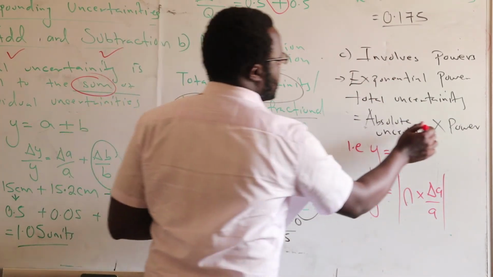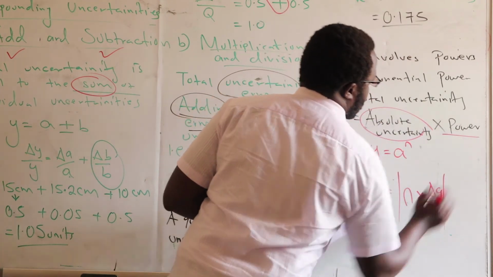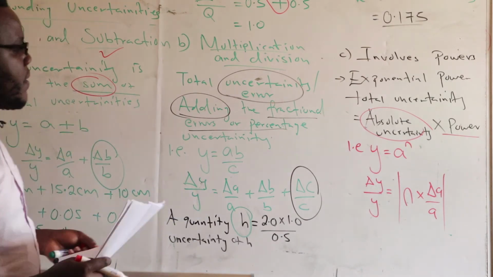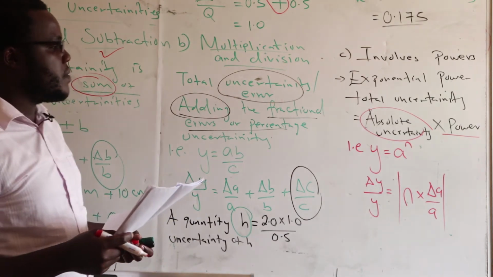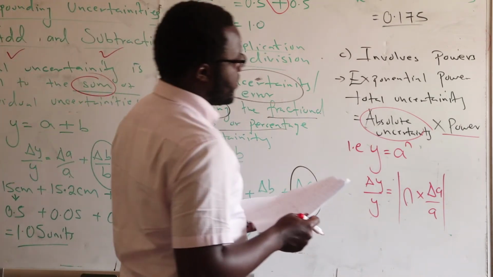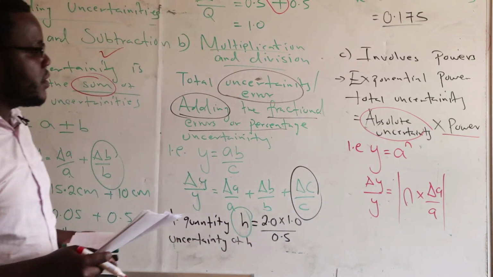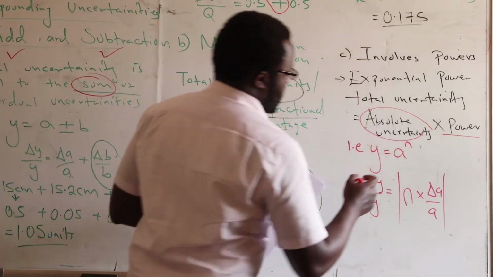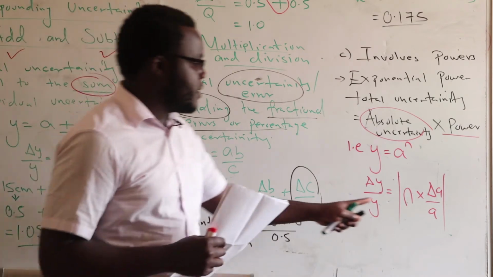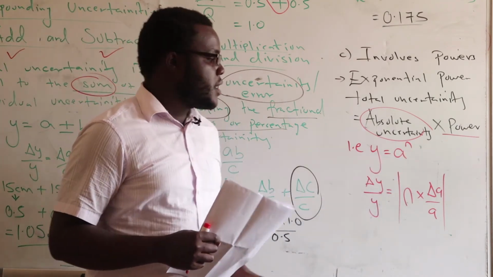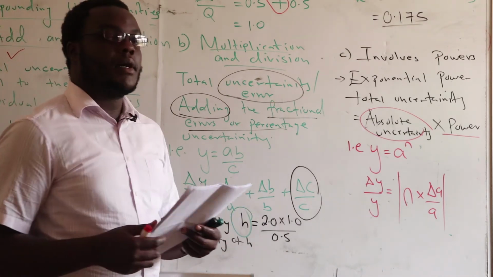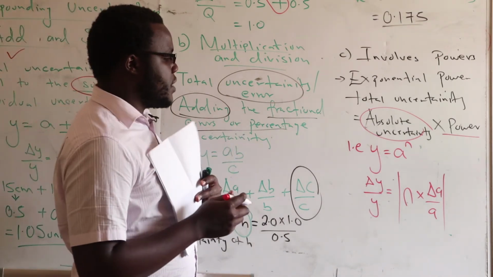That's why we say the absolute uncertainty of the quantity multiplied by the power. Therefore, if y equals a power n, the total uncertainty of y is the absolute of the product of n, being the power that was raising, multiplied by the absolute uncertainty of quantity A. Remember, quantity A makes up value Y.